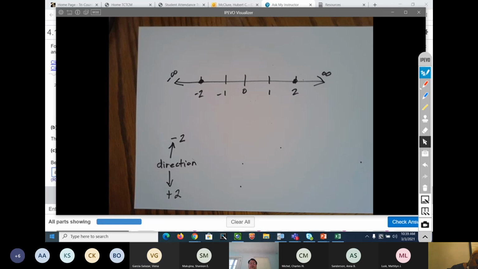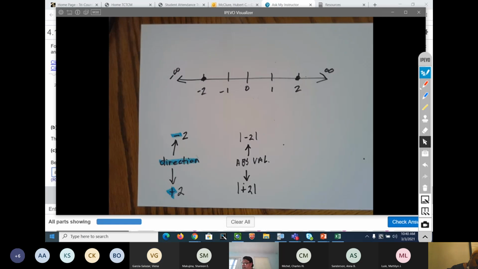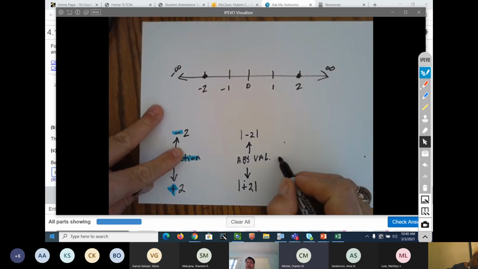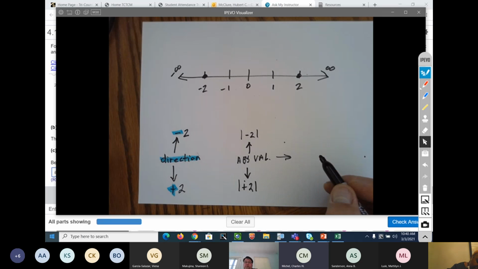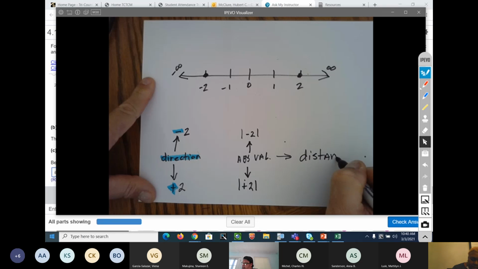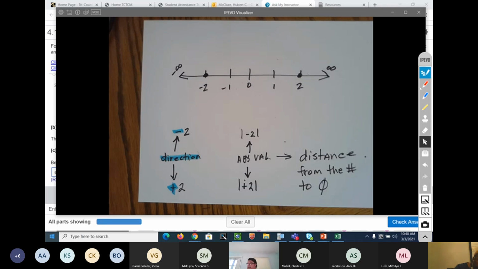The absolute value tells us the what? Starts with a D. Distance. And I'm going to go one up on you. Distance from the number to what? 0. So absolute value tells you the distance.